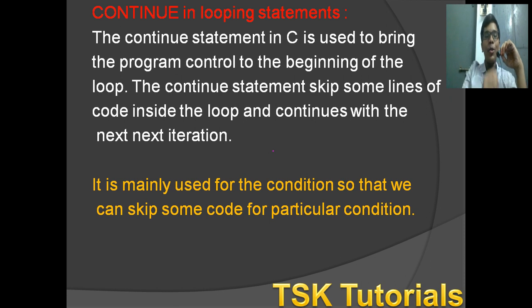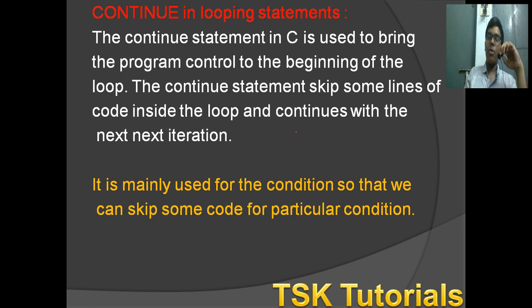To eliminate a particular thing, we have to use continue in looping statements. The continue is used to bring the program control to the beginning of the loop, means it will skip there and continue from the next one. Let's see with an example, then you can understand this statement easily.